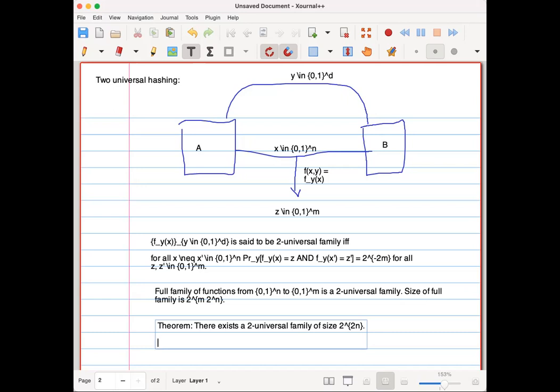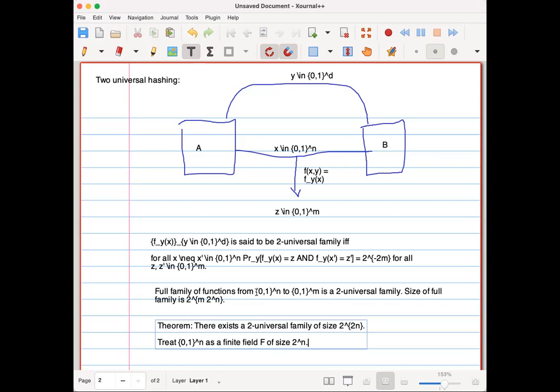So I'll tell you what the family is. Treat the domain space, which is bit strings of length n, as a finite field F of size 2 to the n.